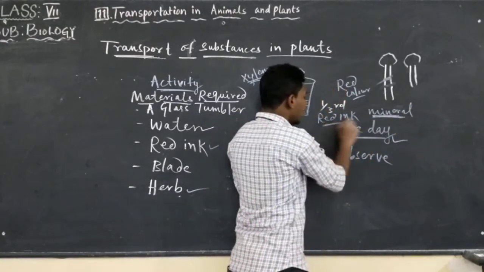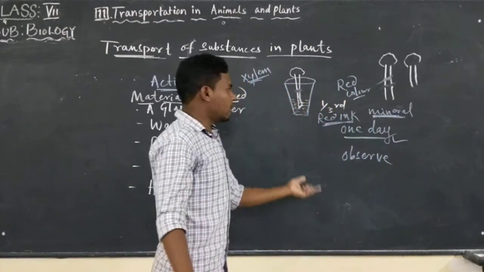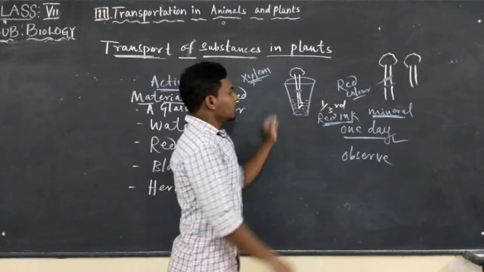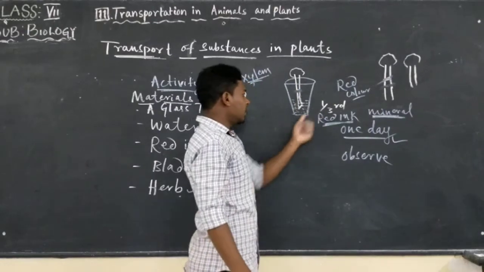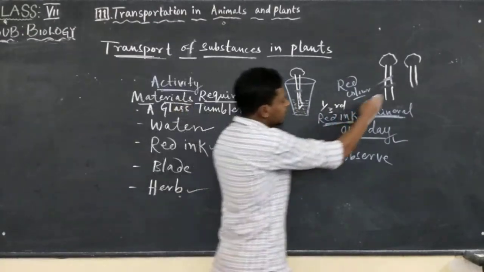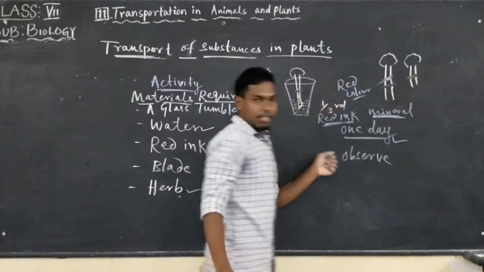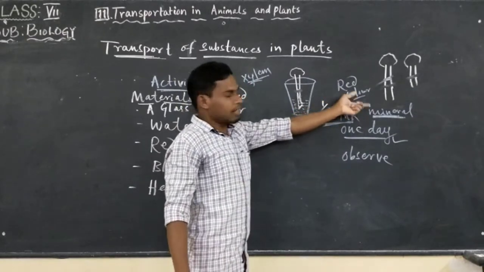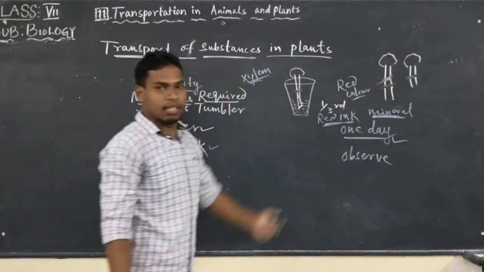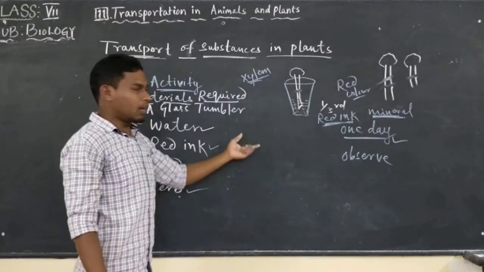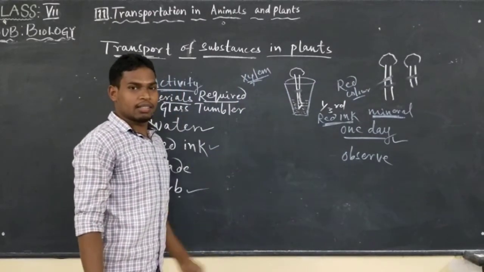Minerals. So red ink is dissolved in the water and it is carried. So here we find red color. And in the fresh plant, if we cut and see, we don't find any red color because only one plant was inserted into the glass tumbler.